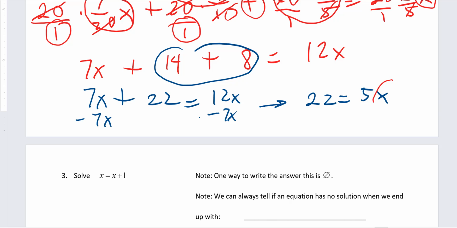You're trying to get the x by itself, so don't even think about the 22 for the moment. Focus on the 5x. How do you get rid of that 5? You divide by it so it cancels. So that's how you know you divide both sides by 5. And that tells you the answer for x is 22 over 5. So that is our final answer to this one, 22 over 5.